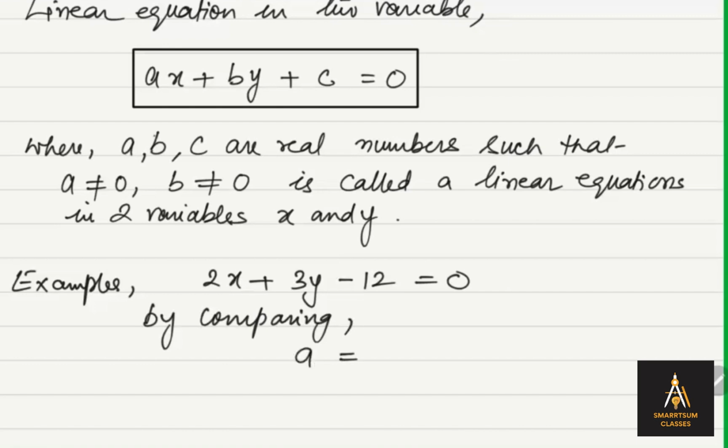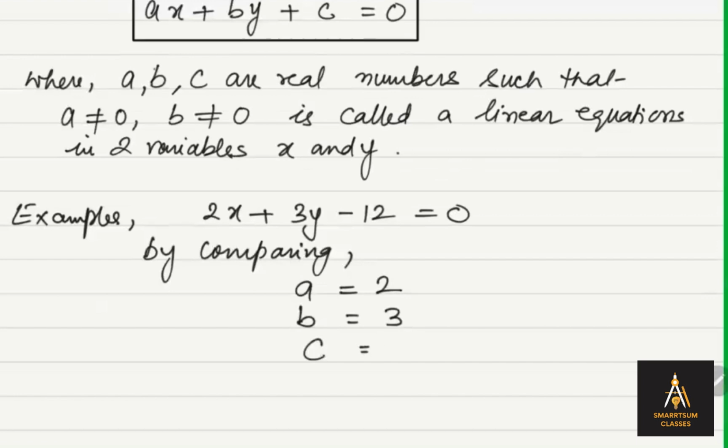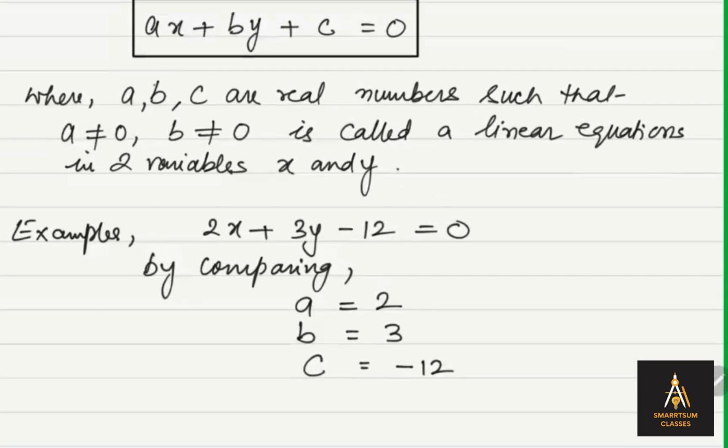What is the value of a? Look at the coefficient of x. Here it is 2, so a is 2. Now the coefficient of y is 3. And the constant c is minus 12. So these are the values of a, b, c.